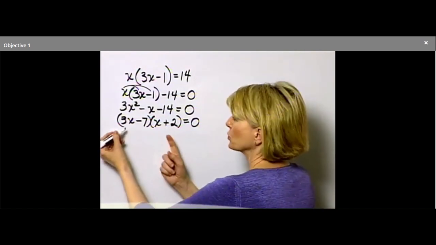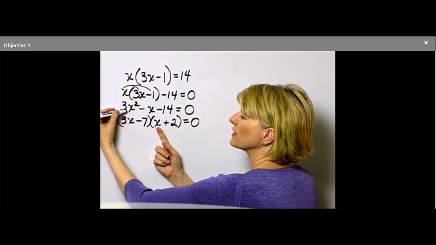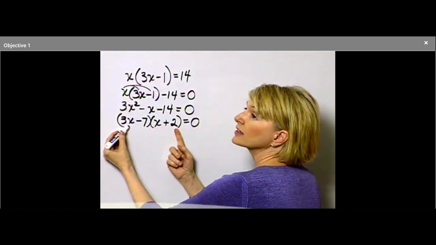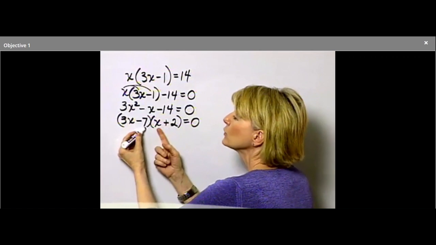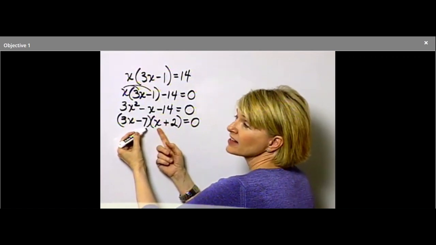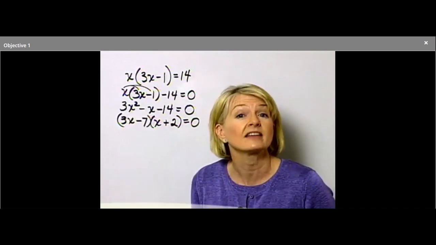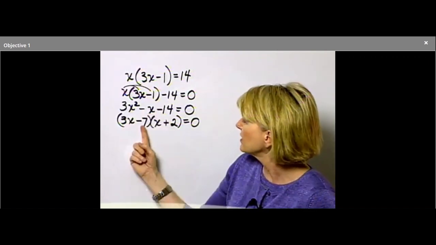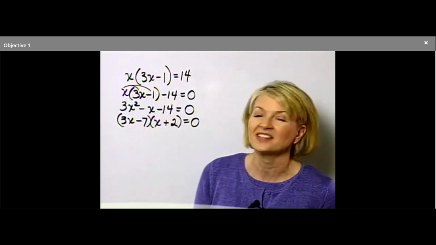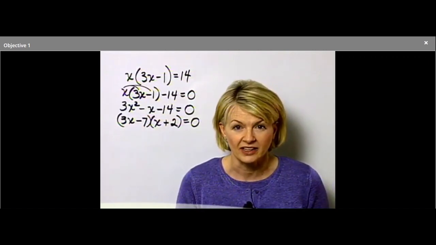But let's see if I factored correctly. 3x times x is 3x squared, outer product is 6x, inner product, that's minus 7x or negative 7x. So 6x minus 7x is negative x or minus x. Last times last, negative 14, I have factored correctly.